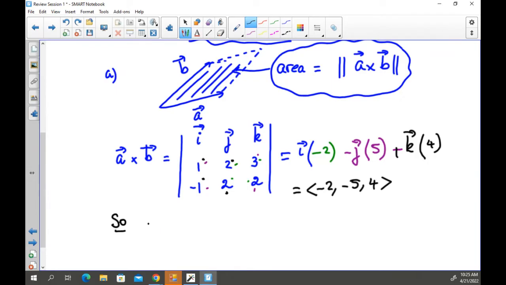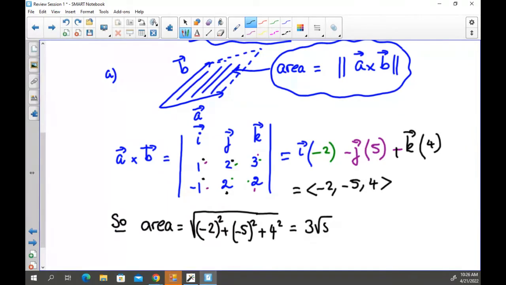Nice and easy. The area is going to be the magnitude of this vector. So it's the square root of -2 squared plus -5 squared plus 4 squared. That's the magnitude, and if you put this in your calculator, you will get 3 square root of 5.